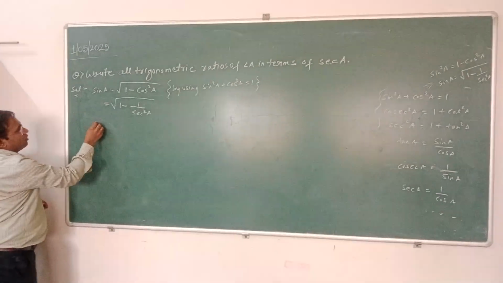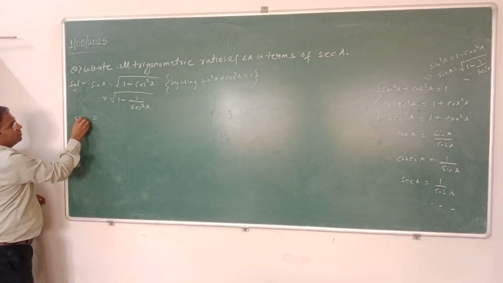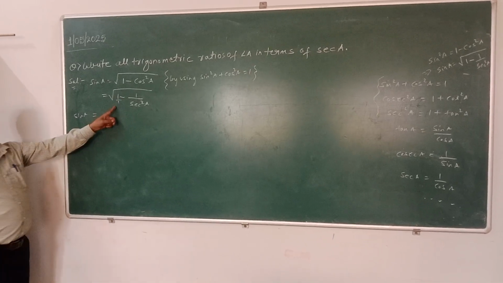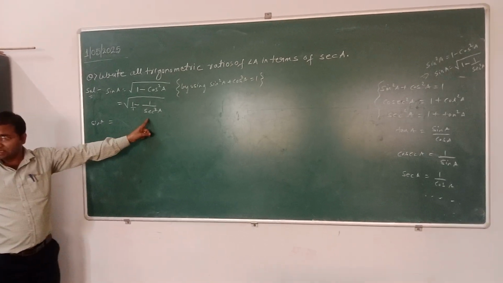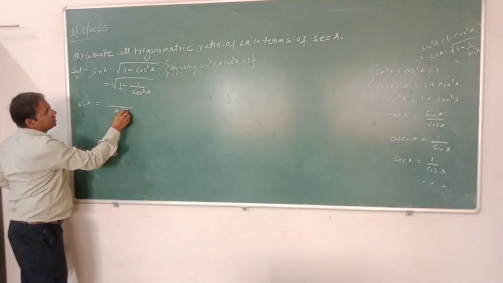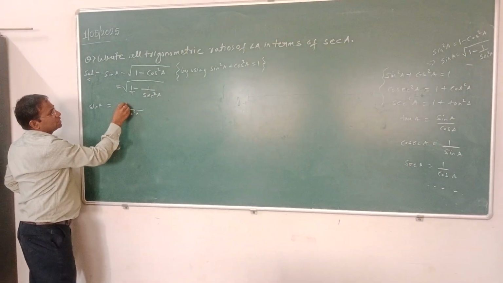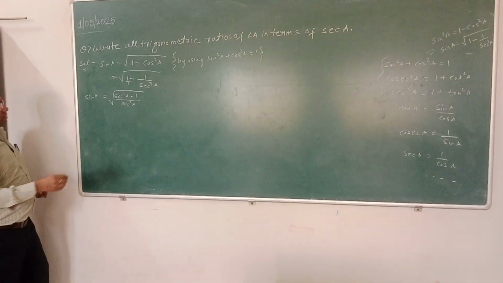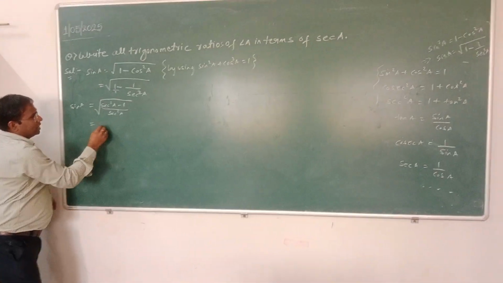Now what will you write? Sin A is equal to, now see, 1 is there, upon 1 is there. Now the LCM of 1 and sec square, what will you write? Sec square A. Here sec square A will come minus 1. So what will come here?